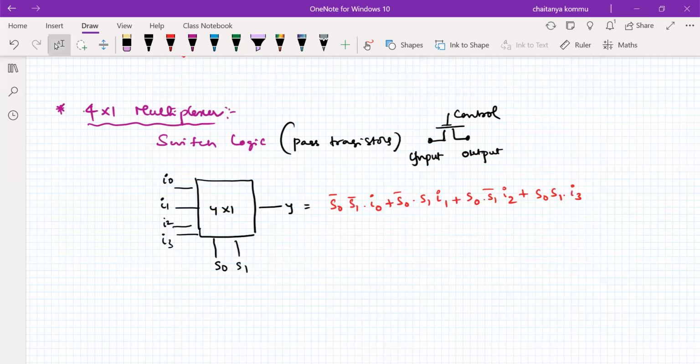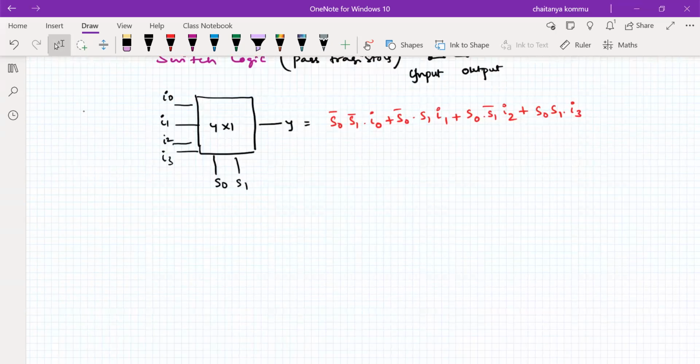We fundamentally know this very well. But how do we implement this from the VLSI point of view? As I mentioned, we would like to use switch logic. I take an NMOS transistor as a pass transistor, with S0 bar at its gate, and apply the input I0 here. So the output is I0 into S0 bar.